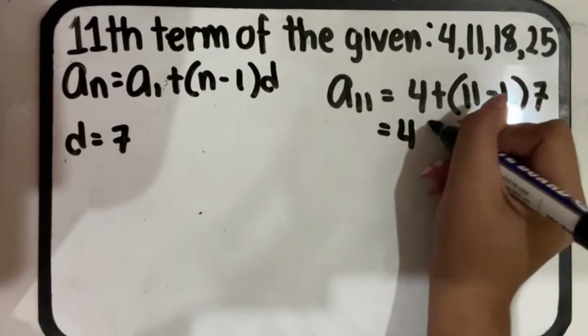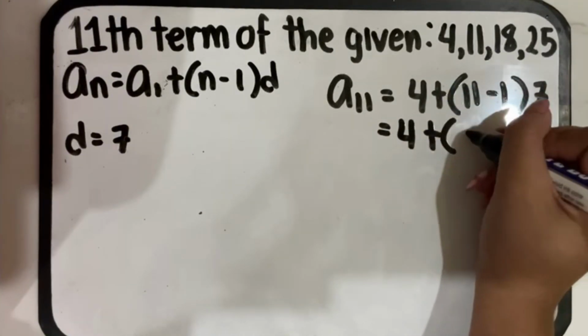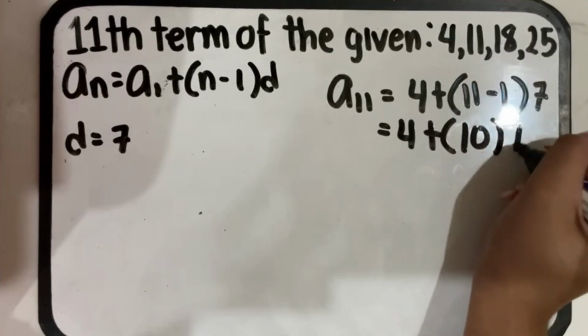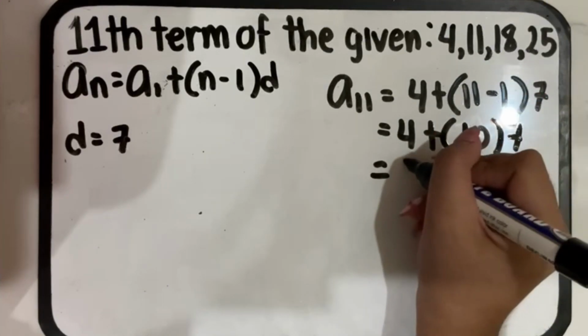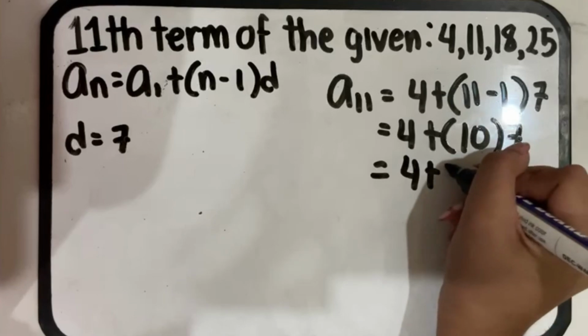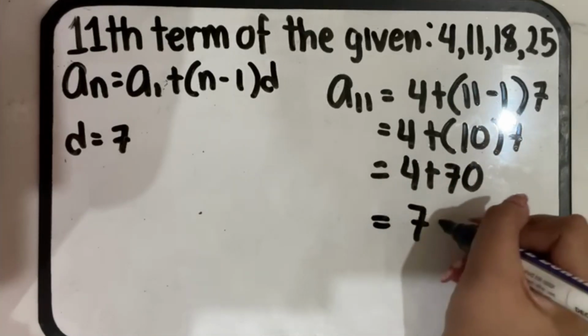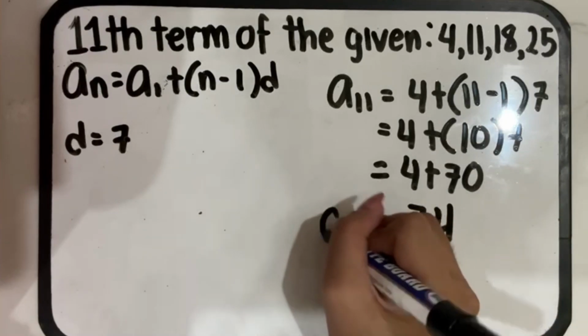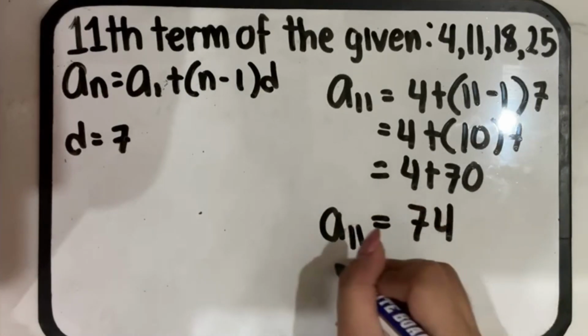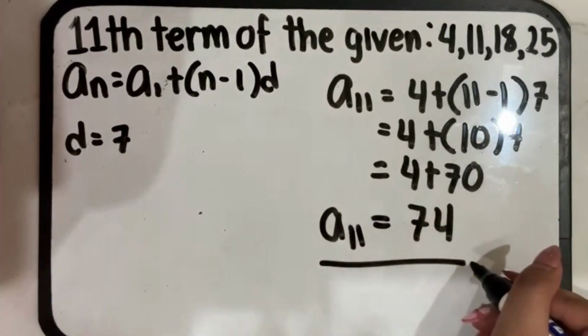First, we subtract 11 minus 1, which is 10. Then we multiply it by 7, which is 70. And lastly, bring down 4 and add it to 70, and the final answer is 74. So, our a sub 11 is 74.